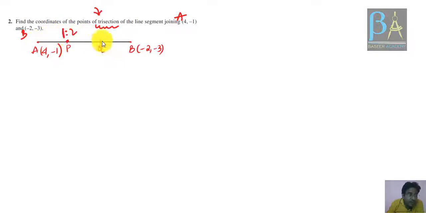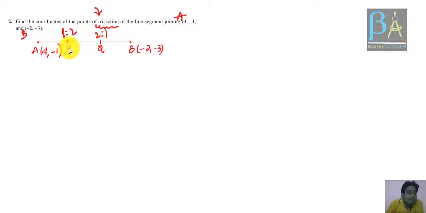To the right you have 2 parts, so let us write 2. 1:2. Let us see in what ratio the point Q is dividing the line segment AB. The point Q is dividing the line segment AB in the ratio 2:1, because from the point Q you can see to the left you have 2 parts, so I'm writing 2 here, and to the right you have only 1 part QB, so I'm writing 1 here.